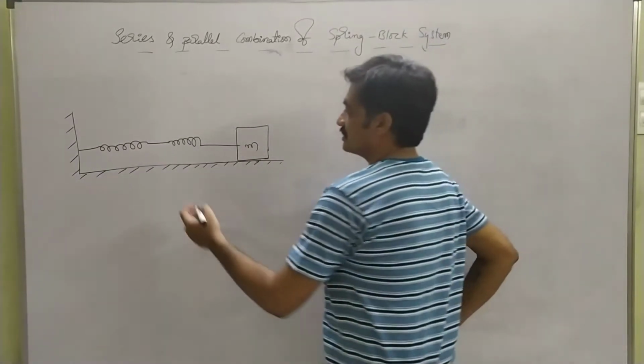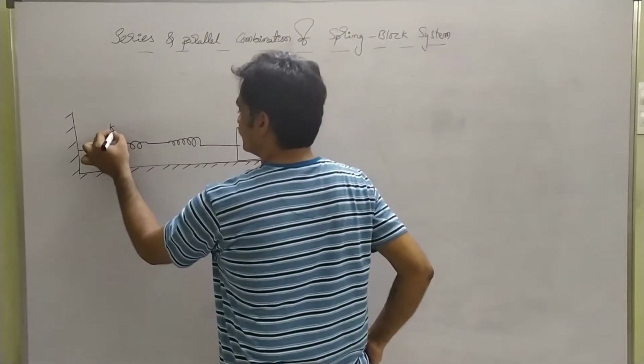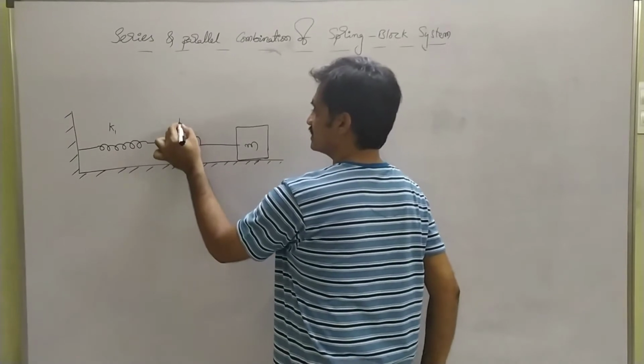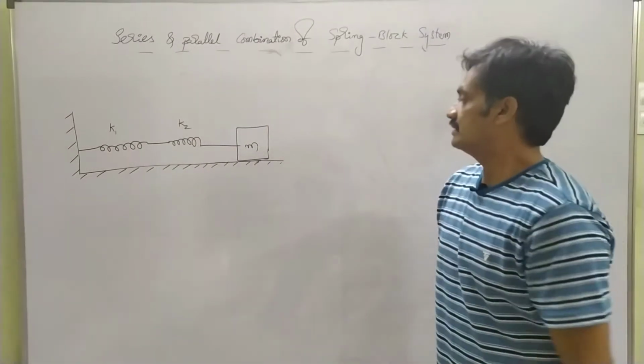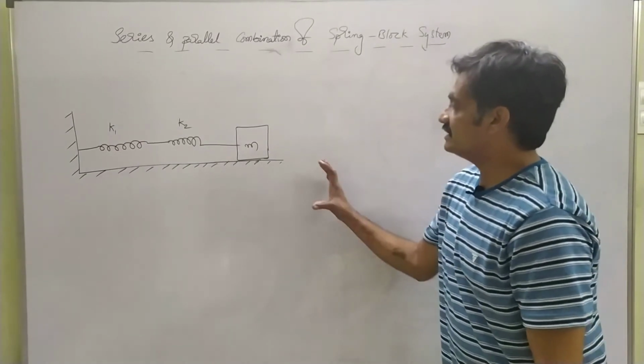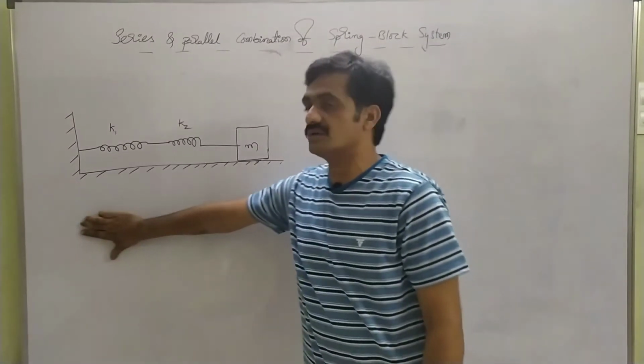Whereas the force constant of the first spring is represented as K1 and force constant of the second spring is represented as K2. So here observe that the system is placed along the horizontal.